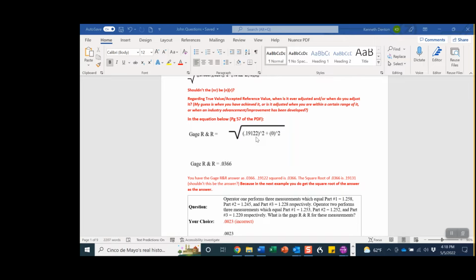Oh, I see what you're saying. Yeah, but when you take the square root of a square, you're going to end up with 0.19122.